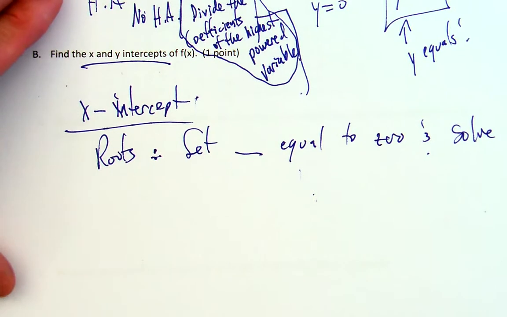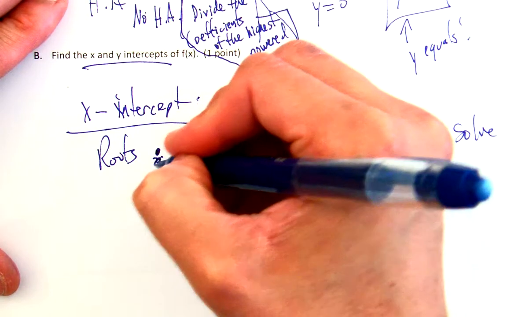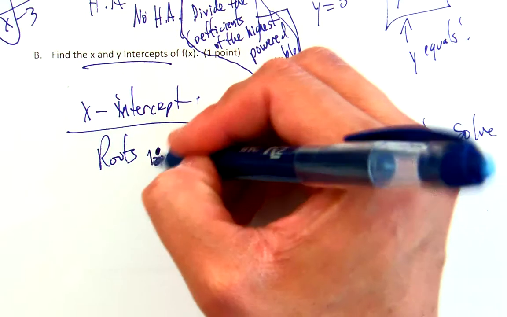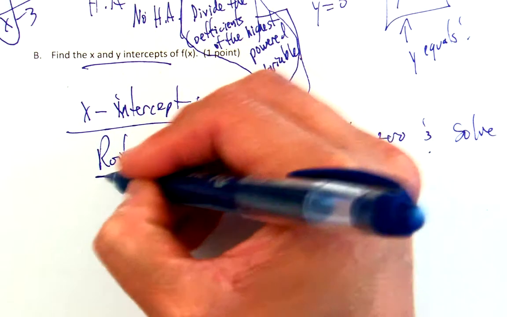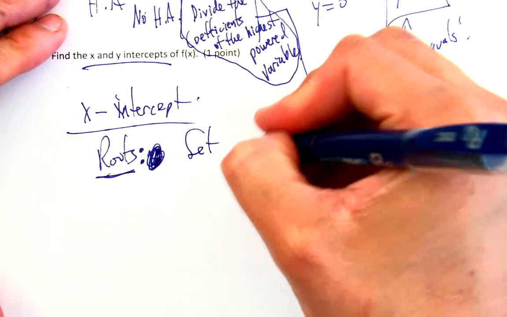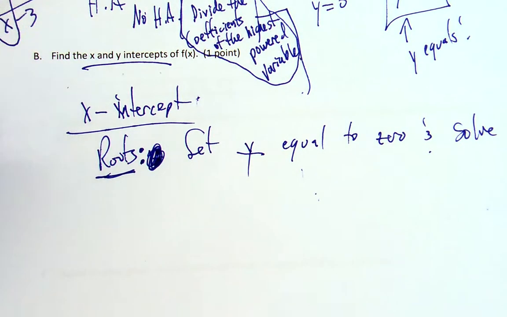Does anybody know what the blank is? Hold on. No. Set y equal to 0. The roots, you always set y equal to 0 first and solve.